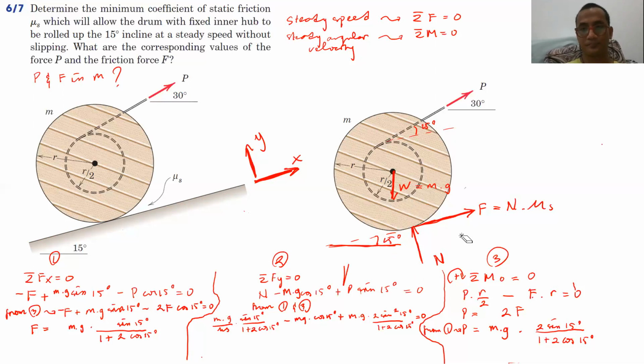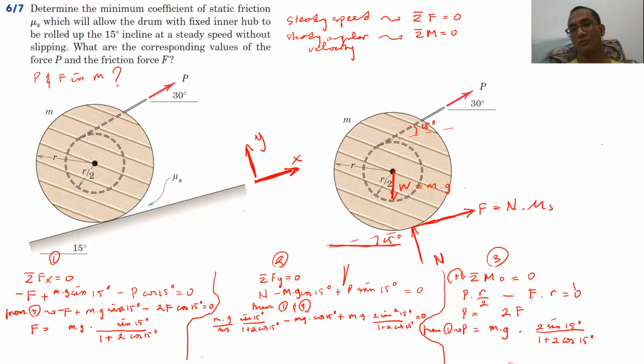Then, remember, at steady speed without slipping. The most important thing there is without slipping. Without slipping means that it rotates at steady angular velocity.